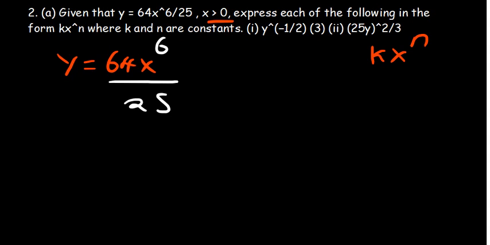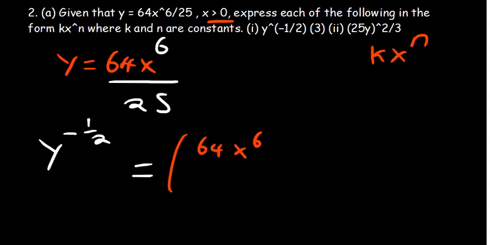The first part of the question says, I'll write it, y is raised to the power of negative 1 over 2. Remember our y is basically 64x to the power 6 over 25, and this is supposed to be raised to the power of negative 1 over 2.